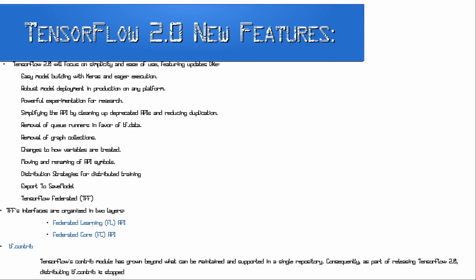So TensorFlow 2.0 will focus on simplicity and ease of use, featuring updates like easy model building with Keras and eager execution, robust model deployment in production on any platform, powerful experimentation for research, simplifying the API by cleaning up deprecated APIs and reducing duplication, removal of queue runners in favor of tf.data, removal of graph collections, changes to how variables are treated, moving and renaming of API symbols, distribution strategies for distributing training, export to SavedModel.